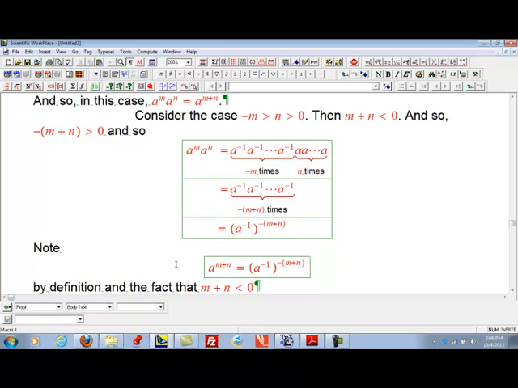So what does that tell you? This last part right here and this one are equal, so I can set those two equal. A to the m times a to the n is equal to a to the m plus n.